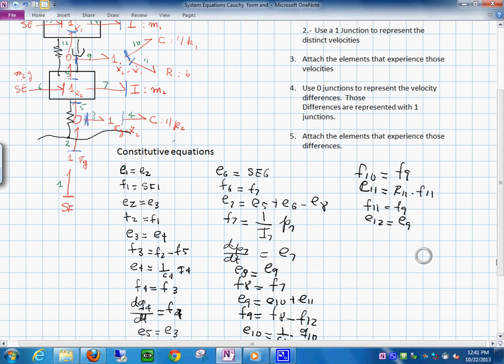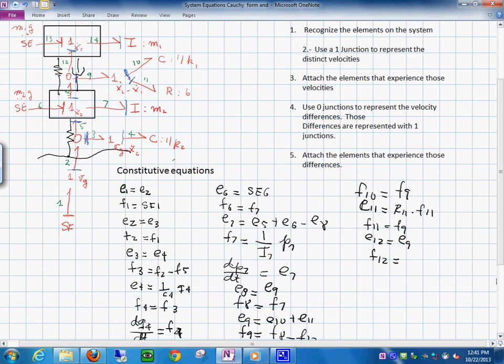But F14 is equal to 1 over P4, and then we have that dP14 dt is equal to E14.